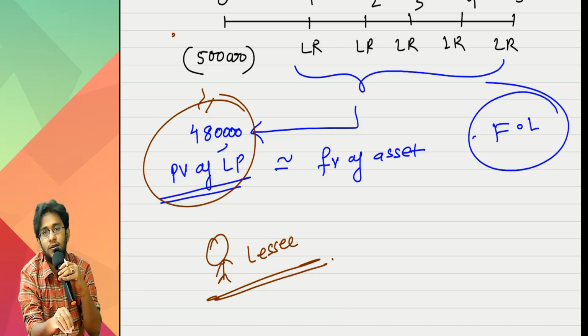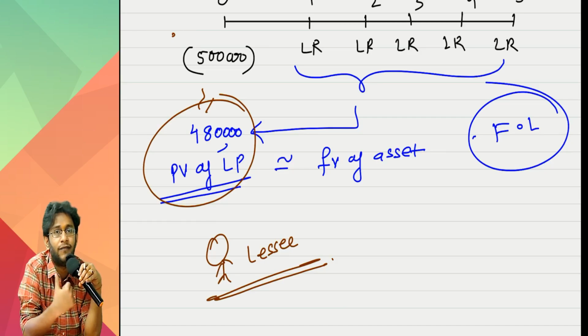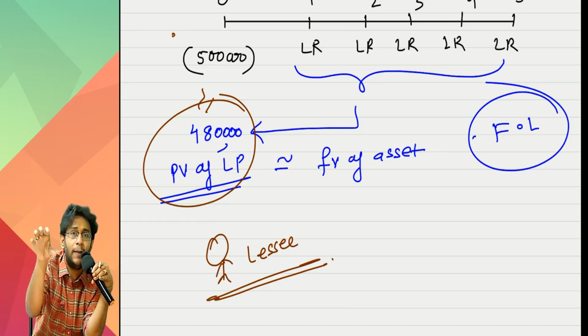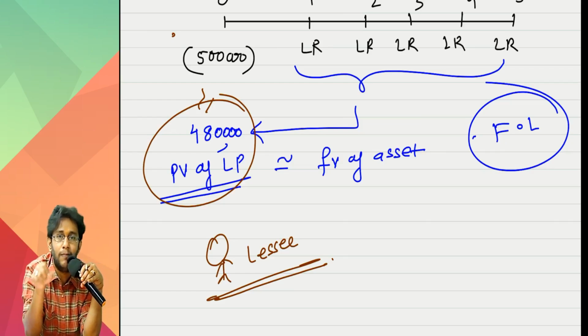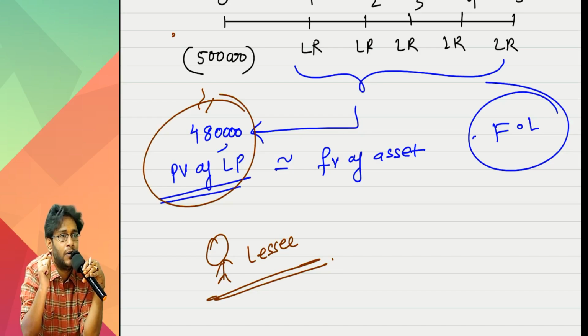If I am paying this, it is implied that I wouldn't pay this much lease rent if I didn't believe that whatever benefits I would have received had I purchased the asset, the same benefits I will receive in the capacity of a lessee. Do you understand, sir?